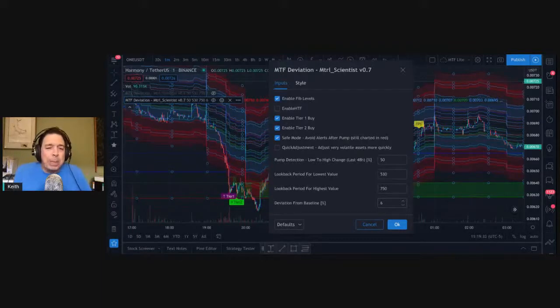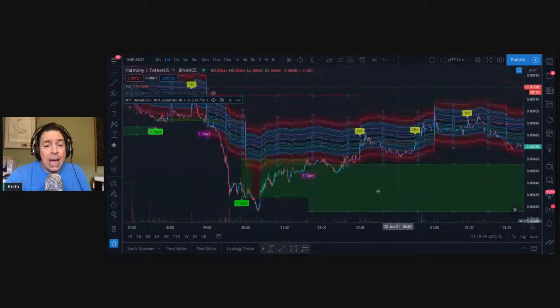So we're using this for all BTC pairs, right? Now for USDT pairs, we actually set it to 3.